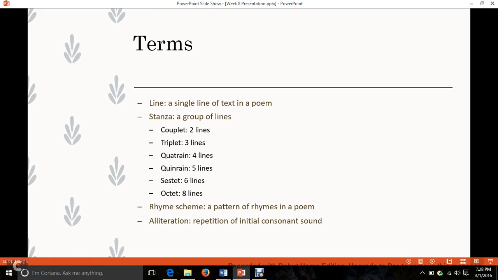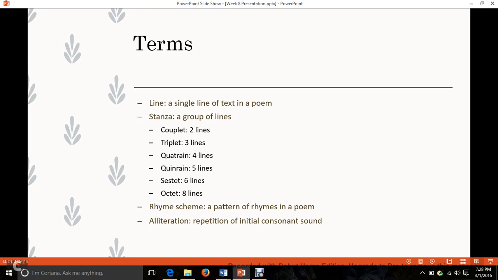A 2-line stanza would be called a couplet. A 3-line stanza is a triplet, then a quatrain, a quintain, a sestet, and an octet. Those are the names for different types of stanzas, and it's really just a group.